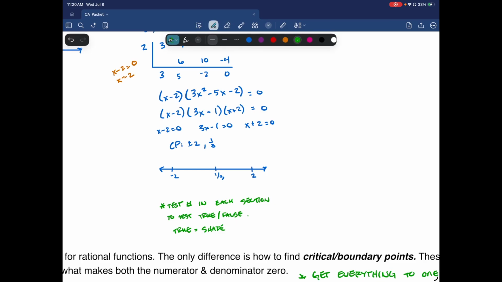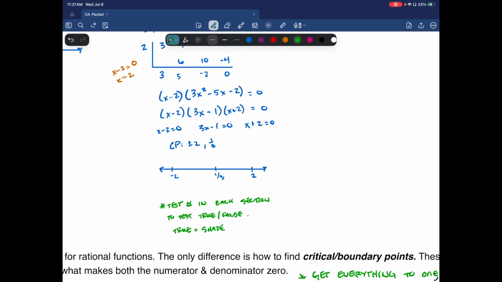So something that's less than -2, something between -2 and 1/3, something between 1/3 and 2, and something greater than 2. We need to pick a number in each section, test it, and see if it's positive or negative in that section. And then we will look back at our original problem and see which section results in a true statement. All right, so I'll explain as we go along.